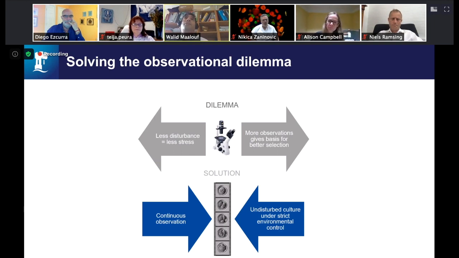Solving the observational dilemma: with time-lapse, we are moving from single point observations on a daily basis to continuous observations. And this leads to better selection without disturbing the embryo, leading to less stress, and also better environment control around the embryos that are developing.